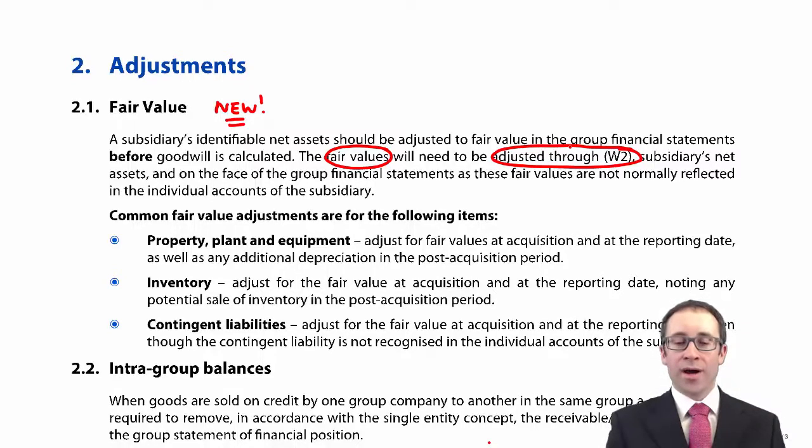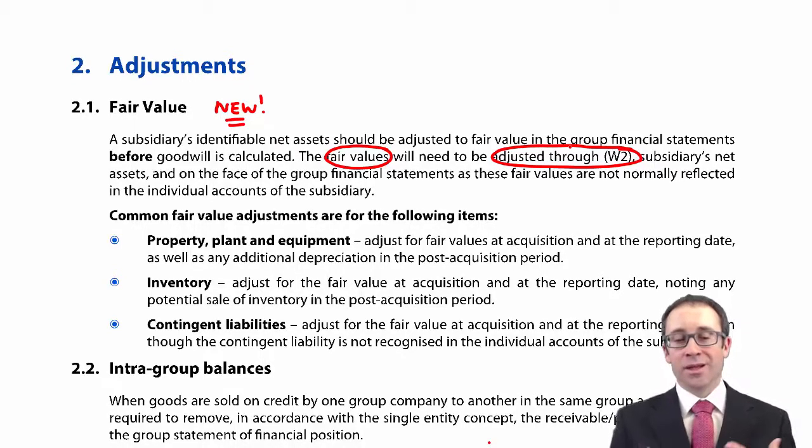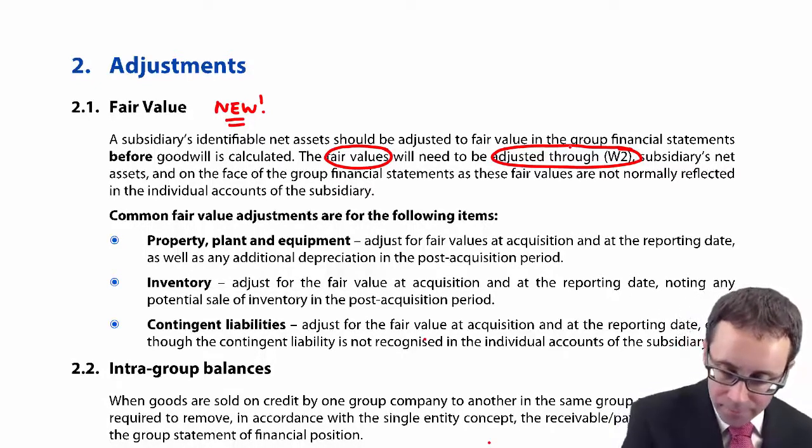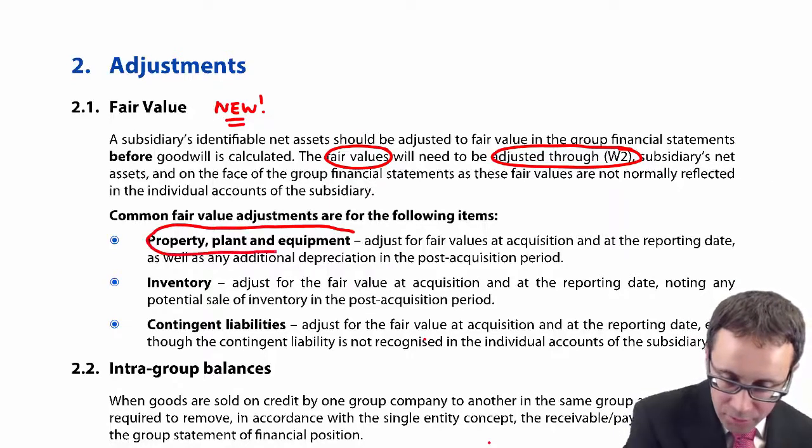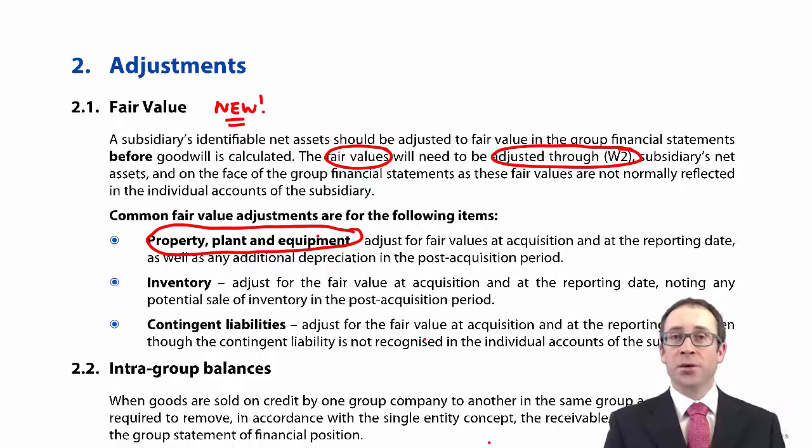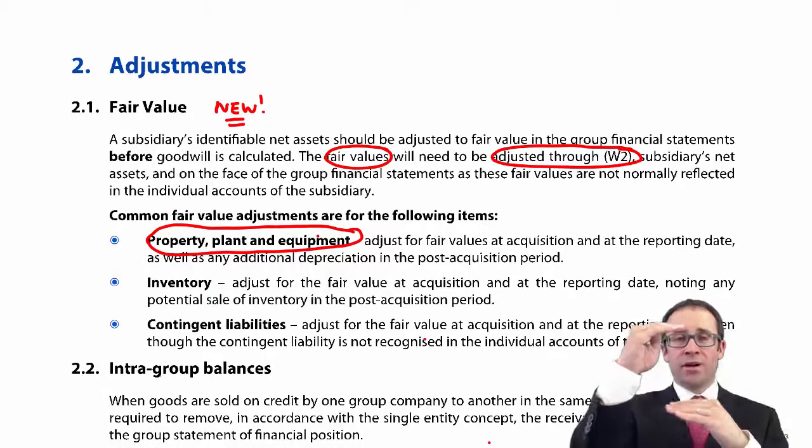And what we have to go through and do there is consider some typical fair value adjustments. Of those, I think the most important one that I've seen most is your property, plant and equipment. So you adjust for the fair value difference.